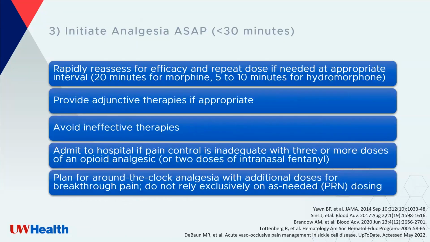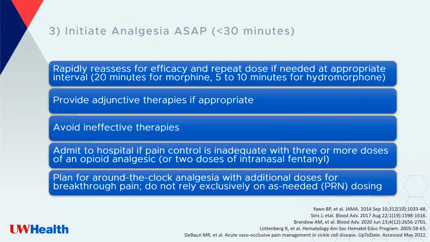In addition, some caveats to consider upon initiation of analgesia. We want to rapidly assess for efficacy and repeat doses if needed at appropriate intervals. So 20 minutes for morphine, 5 to 10 for hydromorphone. We want to provide adjunctive therapies if appropriate. Avoid the ineffective therapies, and I'll allude to that on the next couple of slides.